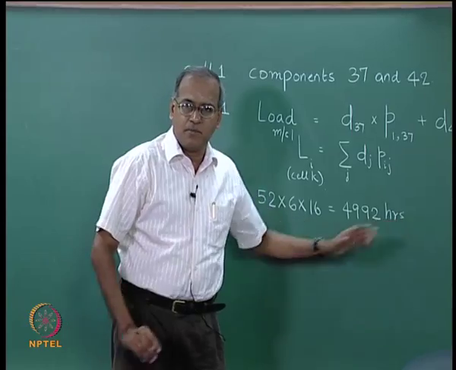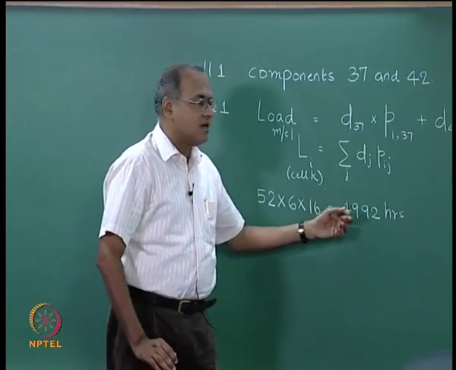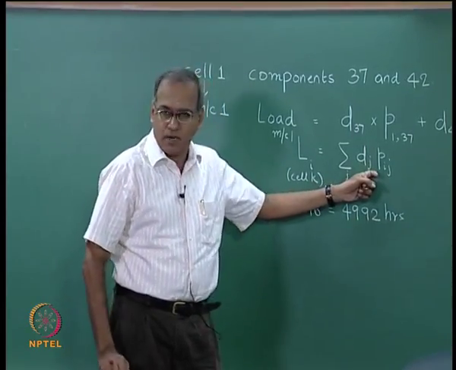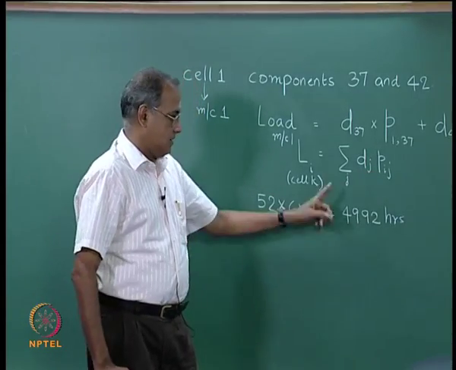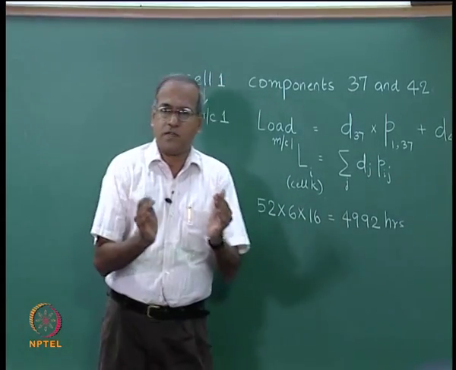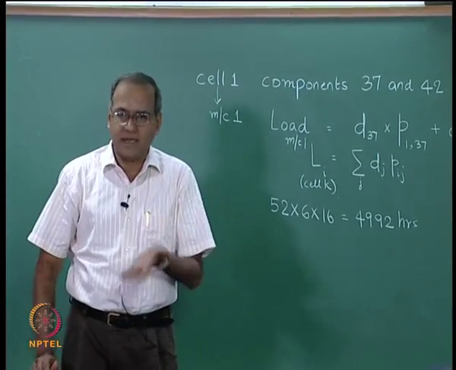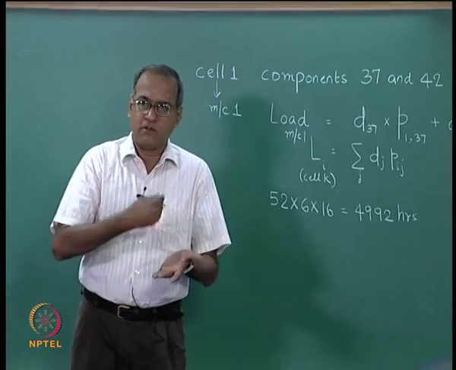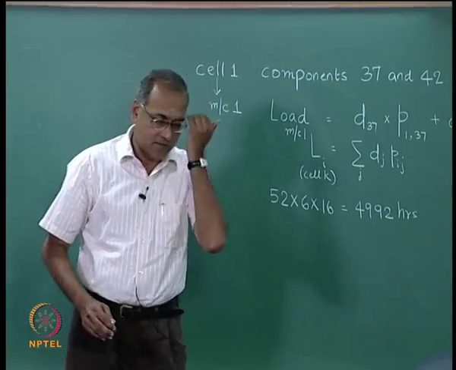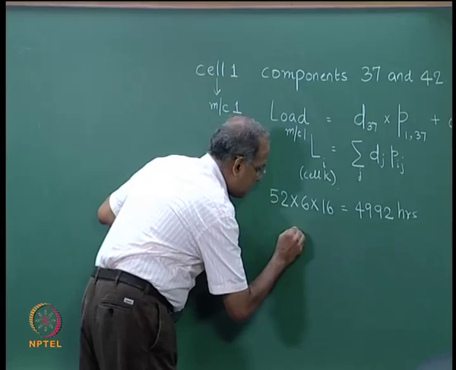A large proportion of this will be used to meet this requirement, but some time out of this 4992 is also used in setting up the machine to manufacture the parts.